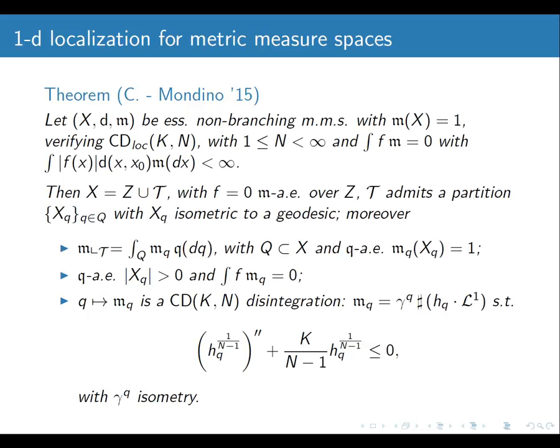And okay, so now I go back to the theorem, to the non-smooth localization that we proved. It's basically the same statement that I showed you before, the one proved by Klartag.